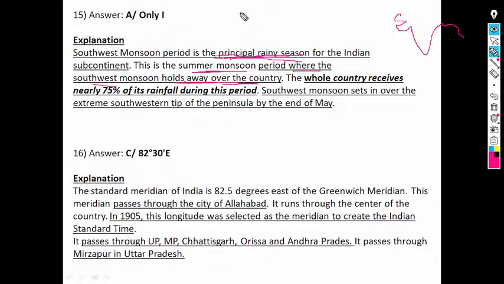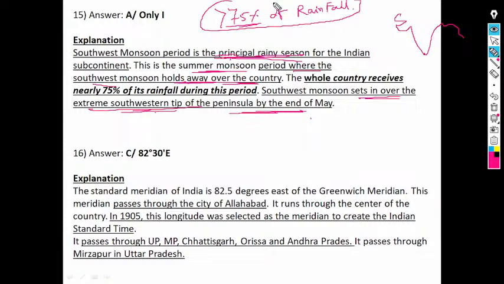The southwest monsoon sets in over the extreme southwestern tip of the peninsula by the end of May.